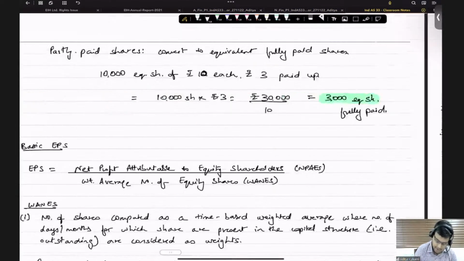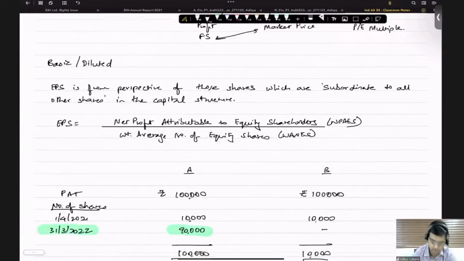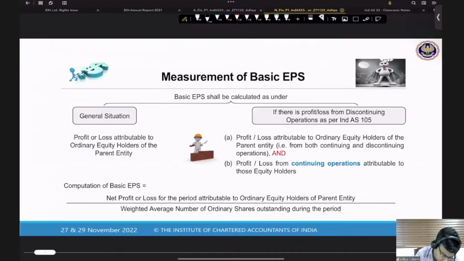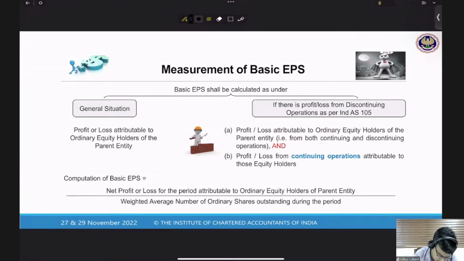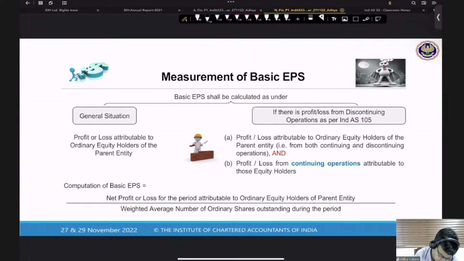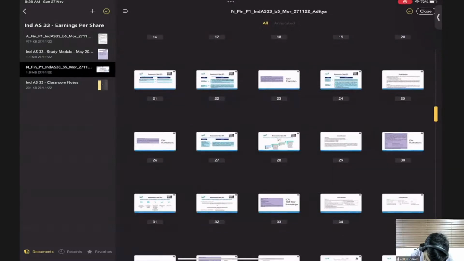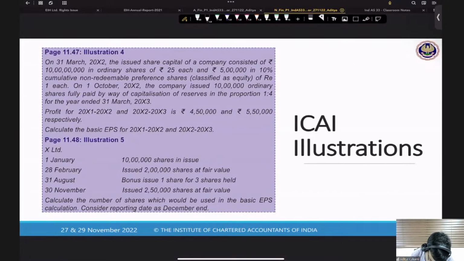So that takes care of our discussion on bonus shares. Let us now proceed to the weighted calculation. Let us now come to one question. Come to illustration 5 of your study mat.